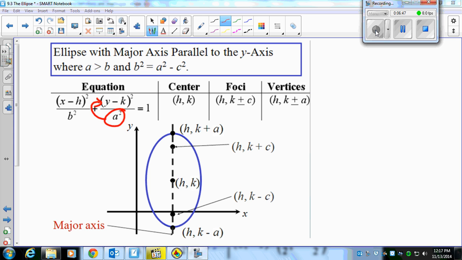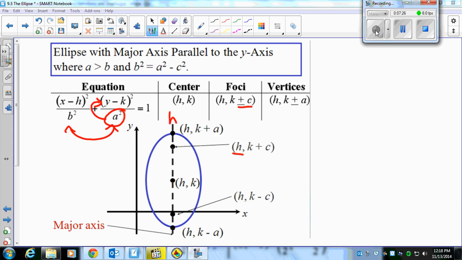You have to realize that those two interchange: when the major axis is vertical, as it is here, A goes with y, whereas when it was horizontal before, the A was under your X. All the same logic follows, but remember your H stays the same with your foci, and you're adding your C to your K value because it's going up and down. Now your vertices, as opposed to being left and right of each other, are vertical from each other.